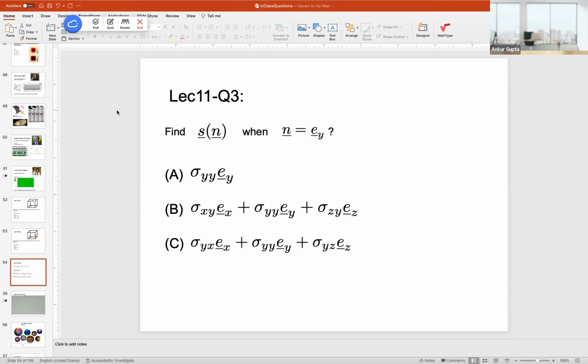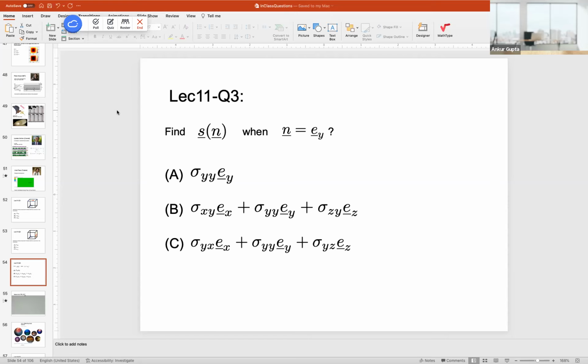Great question. This is absolutely the main point I want to emphasize. It is just the surface which is normal to EY, but the force on that surface can have 3 components. Think of it like this: this is my surface, and my normal is EY. It doesn't mean that the force applied on the surface will only be in EY, or EX, or EZ. It can be in all 3, and that is determined by my stress tensor.